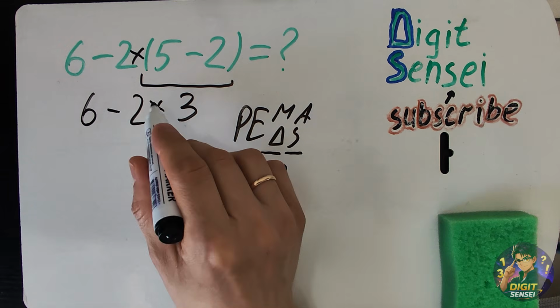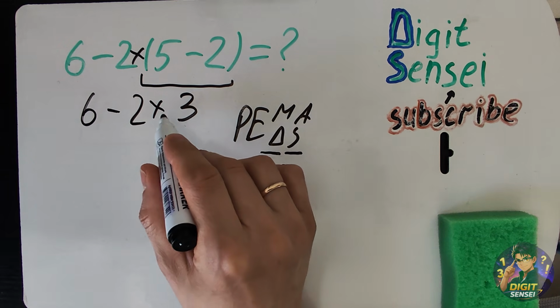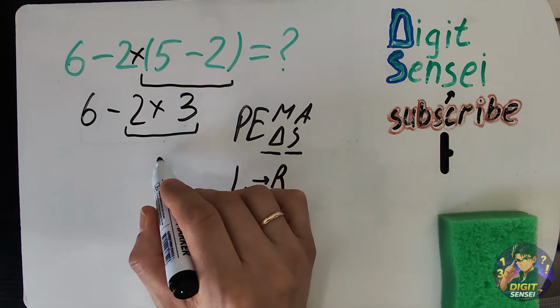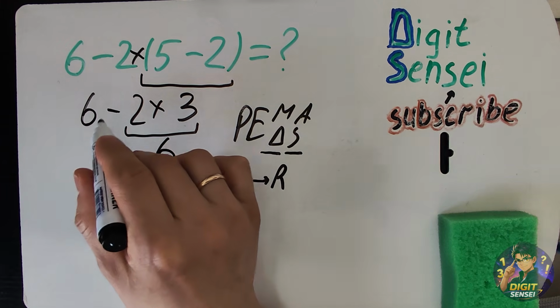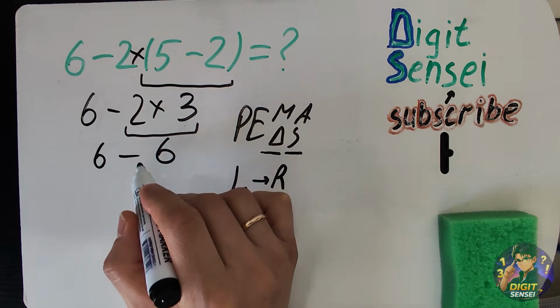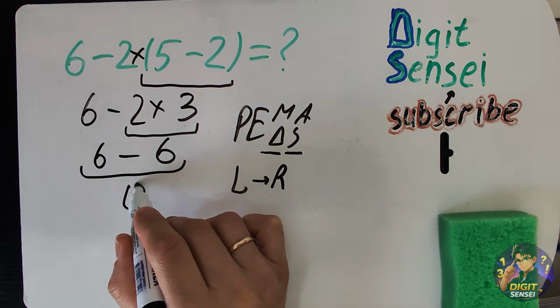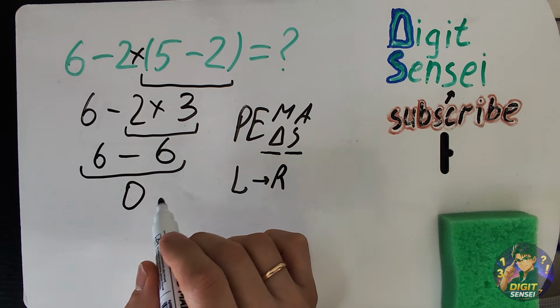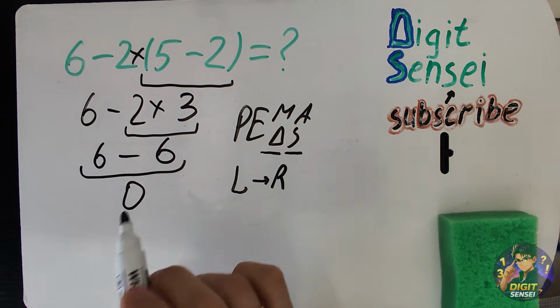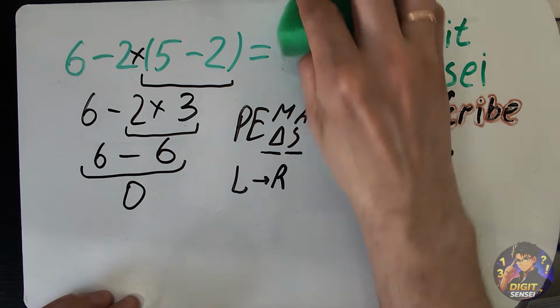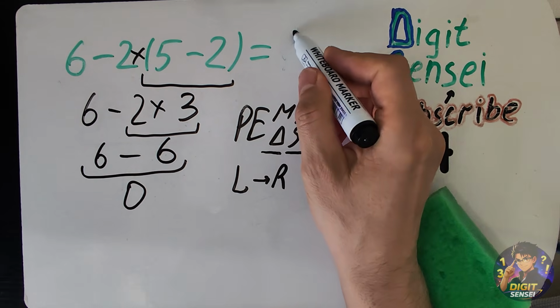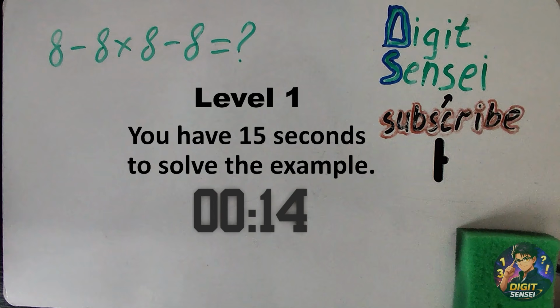So here, first we have to do this multiplication. 2 times 3 gives us 6. So we have 6 minus 6, which equals 0. And this is our final answer to this problem. The correct answer is 0.